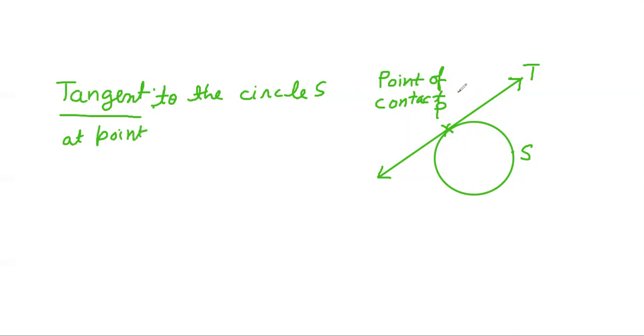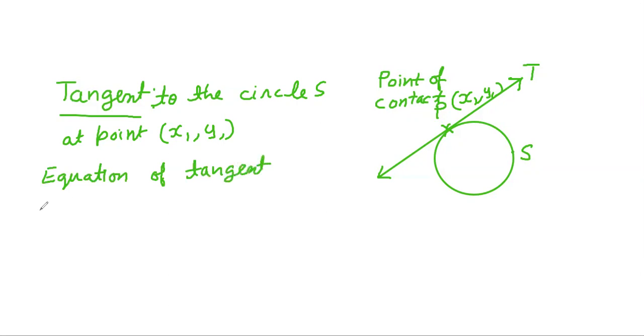The coordinate of point P is, we say x1 comma y1, at point x1 comma y1 on the circle. So what is the equation of this tangent? We are interested in the equation of tangent.